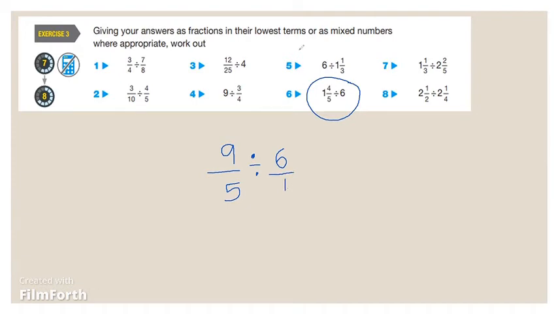If you write that, then the next step will be very easy for you, right? Okay. Now I have 9 over 5. This division, I will change into multiplication. Then this 1 will go up and 6 will come down, right? Is it clear up to here?